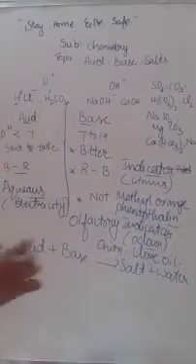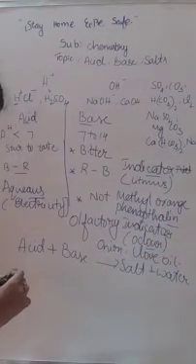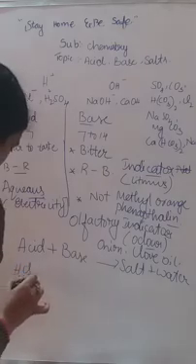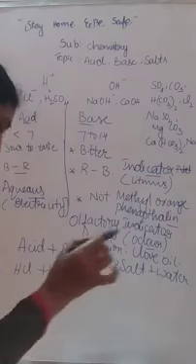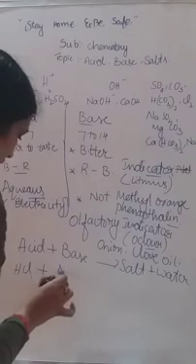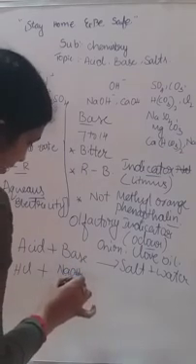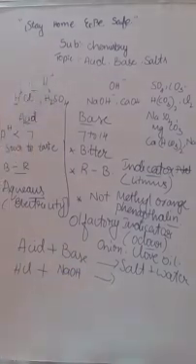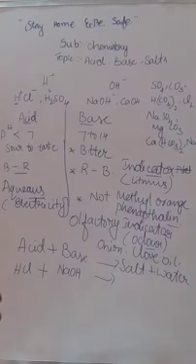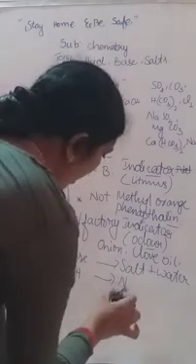Take any one example for acid. If you take hydrochloric acid, HCl, it reacts with the base sodium hydroxide, NaOH. The names are very important, so concentrate on that. That forms sodium chloride, NaCl.